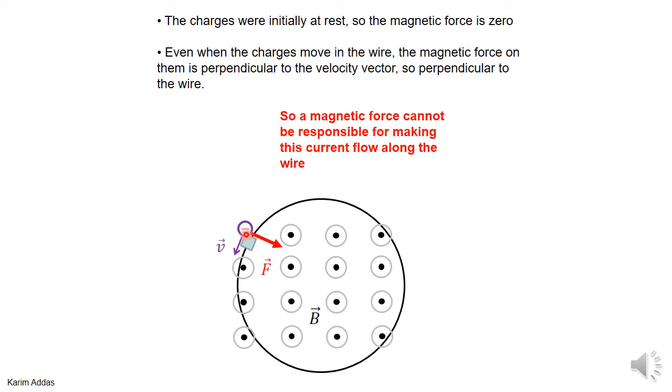So that means V cross B is perpendicular to this velocity. So the force is some vector that's perpendicular to the velocity vector. So this force, even if it exists, is not the one that's responsible for making the charges move along the wire. So the conclusion is, it's not the magnetic force that's making the current flow in this wire.